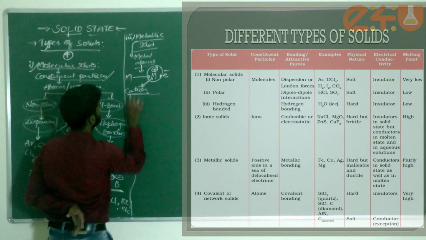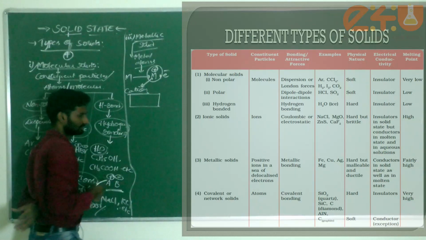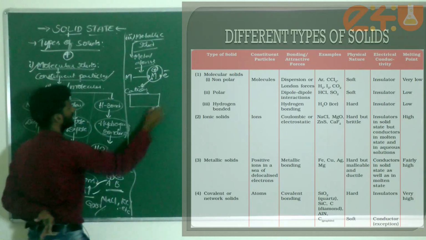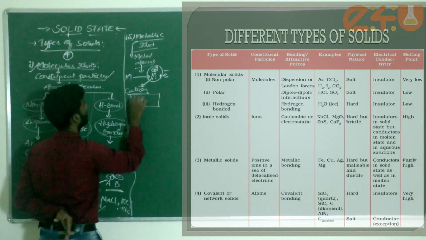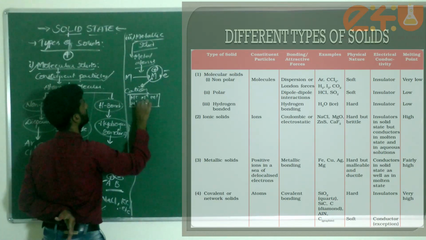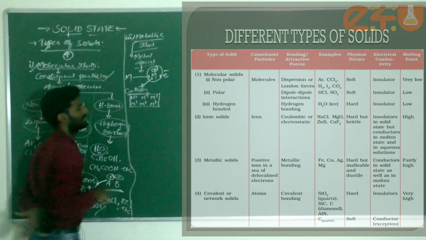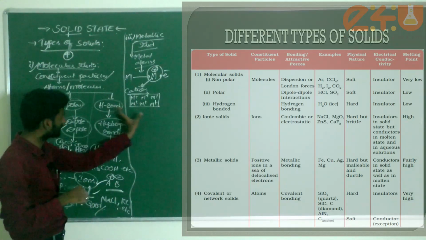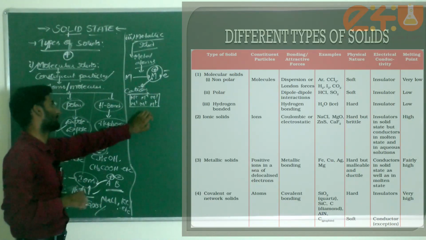For example, if we consider a container, in it there are a number of M plus ions present. Am I correct or not? All these ions are present in the particular container.